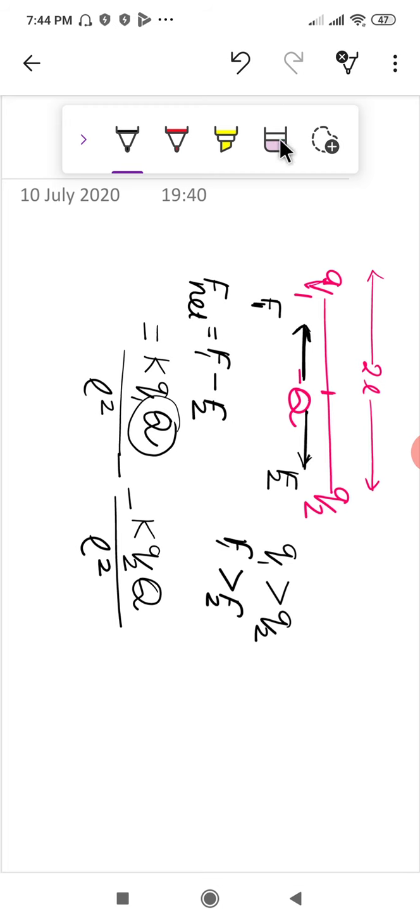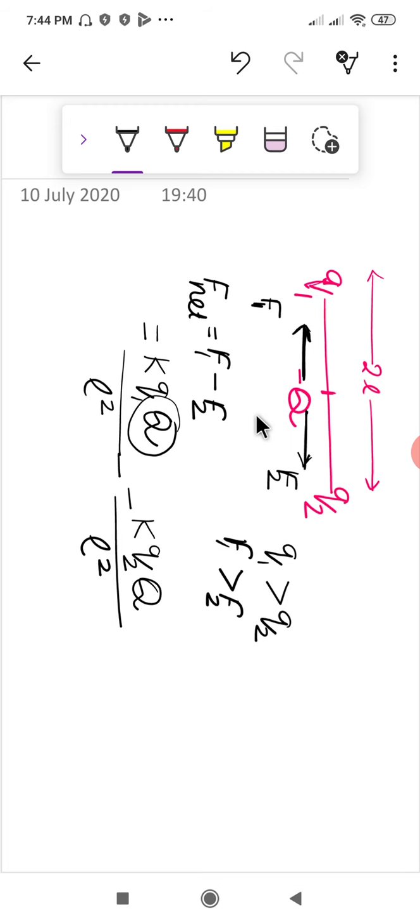Got this? In all those problems of Coulomb's law where we consider the charge sign while placing the force direction, when we use Coulomb's law we will not substitute the value of charge with sign.